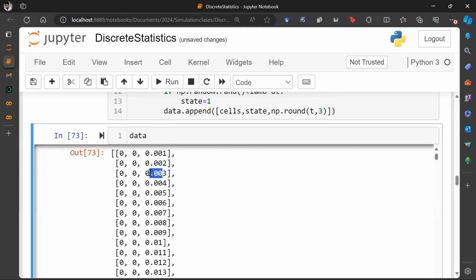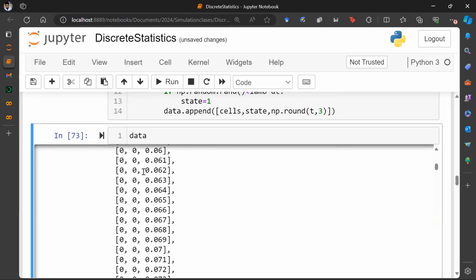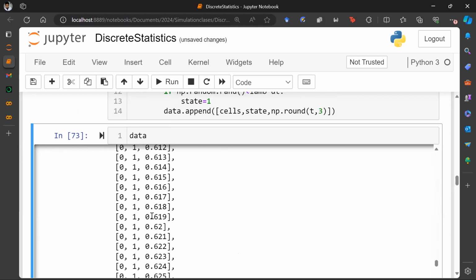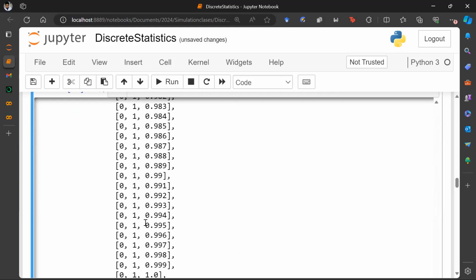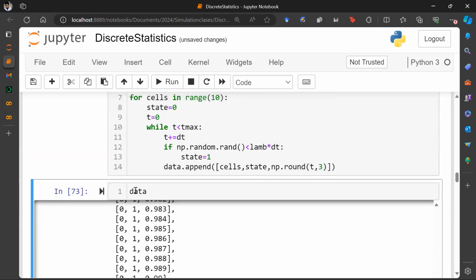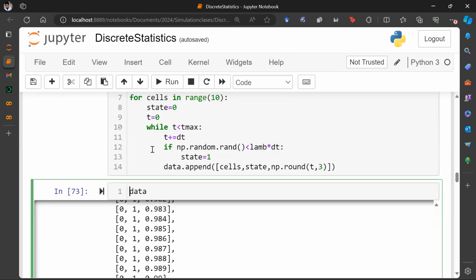0.01, 0.02, 0.03, and suddenly the cell becomes 1 approximately at time 0.103. And the same is going to happen for cell 1. So we can convert this data into something called a data frame using the pandas library.